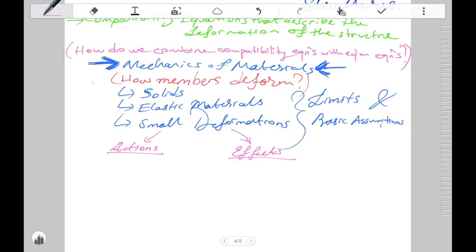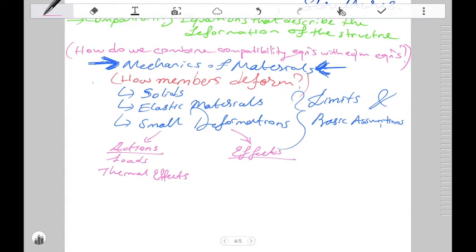Now, we separate the behavior of a structure as actions and effects. That's the main simplification we have. We have some actions on a structure, and the actions for us are loadings: point loads, uniformly distributed loads, moments, thermal effects, and so on.